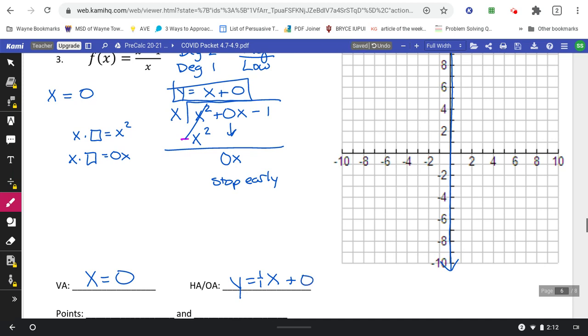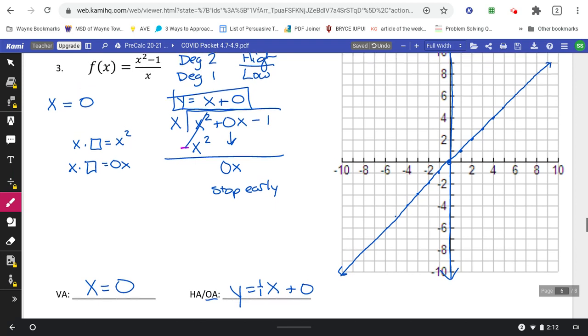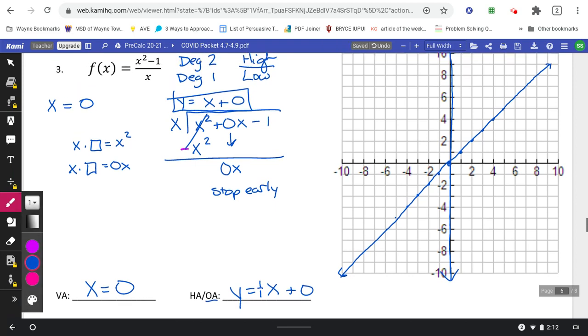So this is a regular diagonal line, starting at 0 and going up 1 over 1, up 1 over 1, up 1 over 1. All right. So there we have our two asymptote lines.